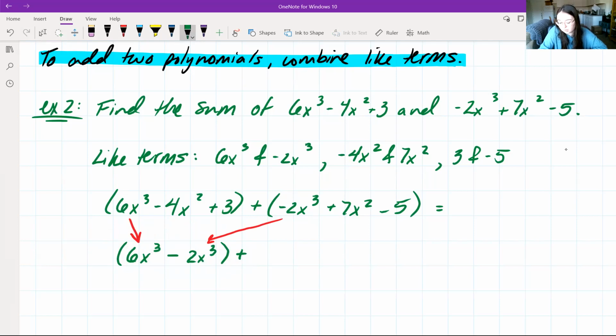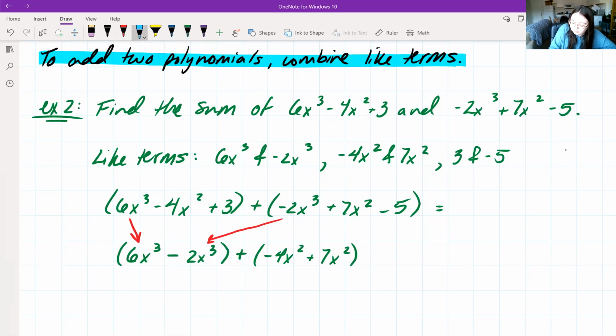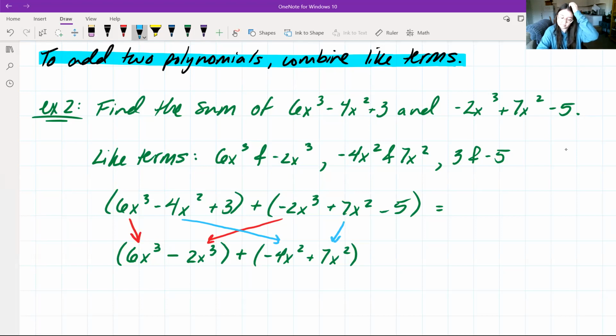Now, for x squared, we have -4x squared plus 7x squared. So now we took our x squared terms and combined them. And then lastly, we have our constants, 3 and 5.